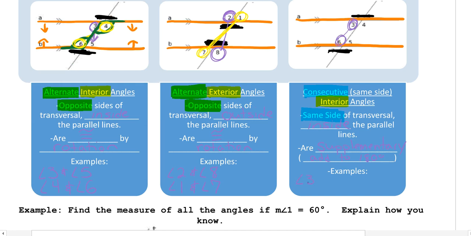So angle 3 plus angle 6 is going to equal 180 degrees. And then angle 4 is on the same side of the transversal as angle 5. So we would say that angle 4 plus angle 5 is equal to 180 degrees.